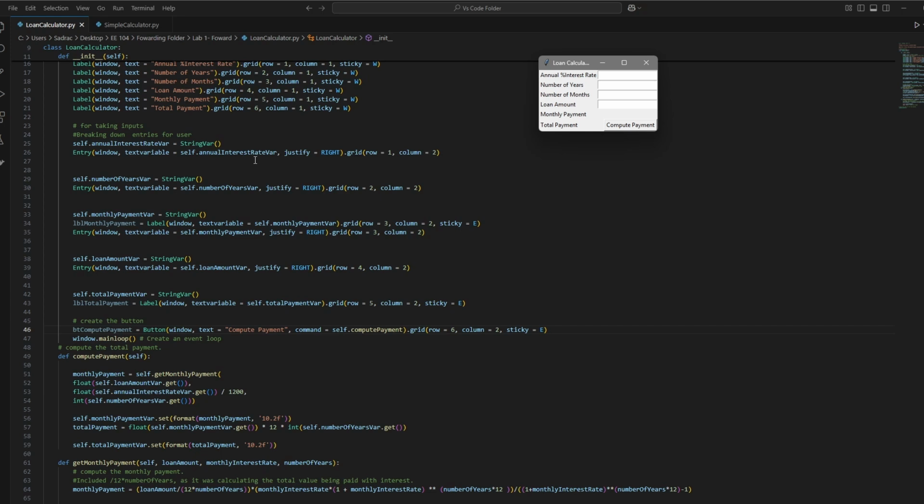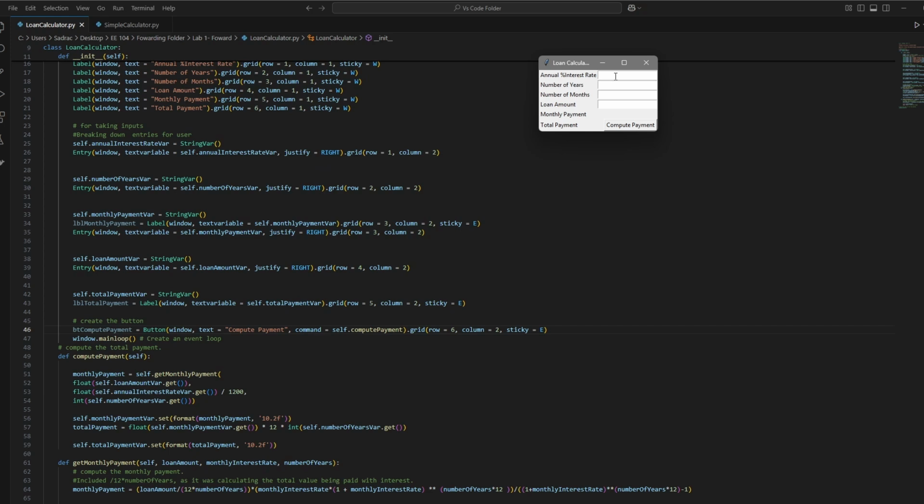But this entry functionality is taking the entry from the user, but we would also be able to see how it's being gridded, which in this example for the annual interest rate, we'd be able to see that it's in column 2, the second column, because this is the first column. So this column 2 with row 1. So that's how it's being applied.